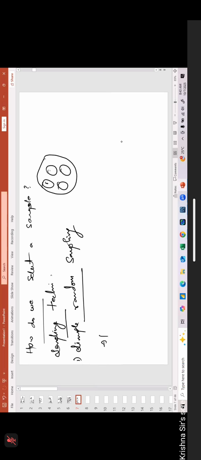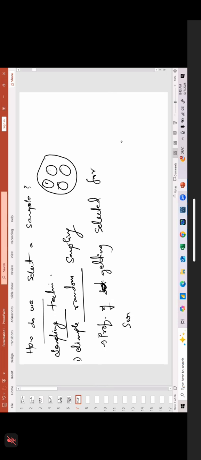And here one important point is the probability of getting selected for survey will be equal for every person. For example, here we have a population.